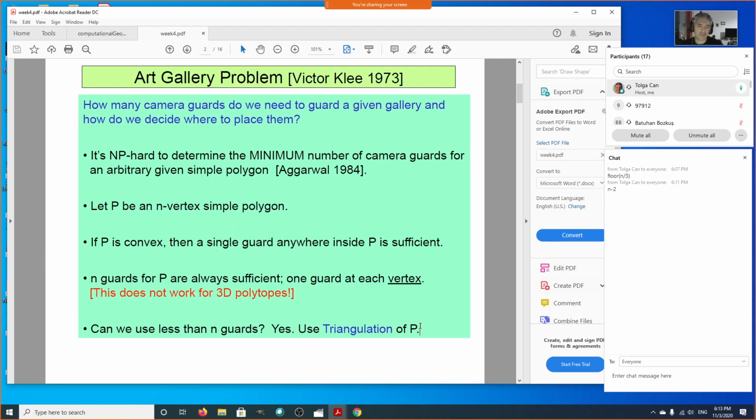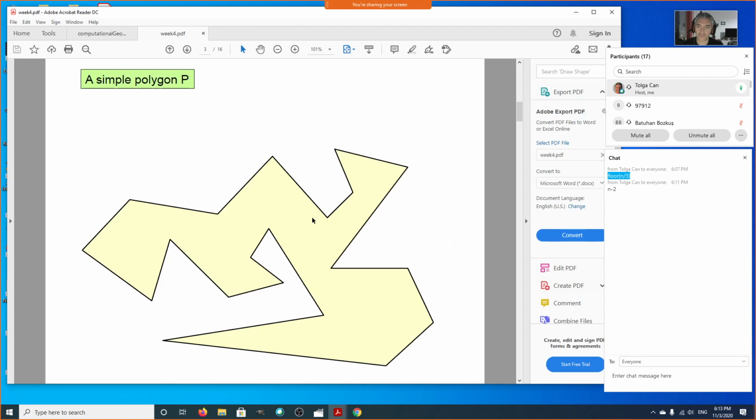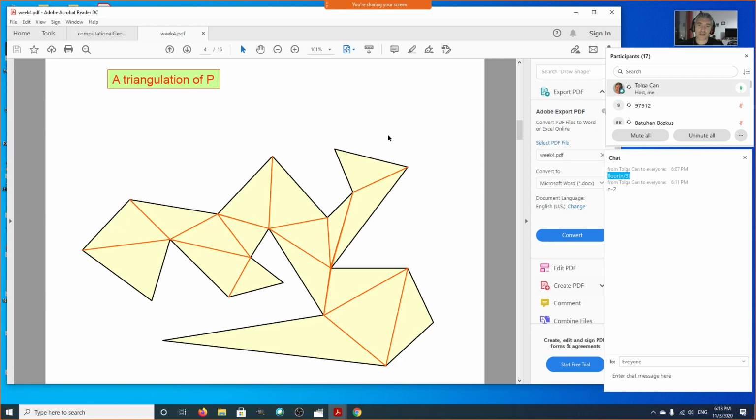If we triangulate the given polygon P, we will be able to use fewer than n cameras: exactly floor of n/3 cameras will be sufficient to guard the entire polygon. So this is a simple polygon, as you can see, and this is a triangulation of the simple polygon P. There are many triangulations possible.